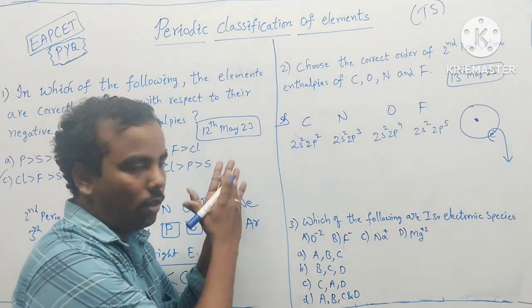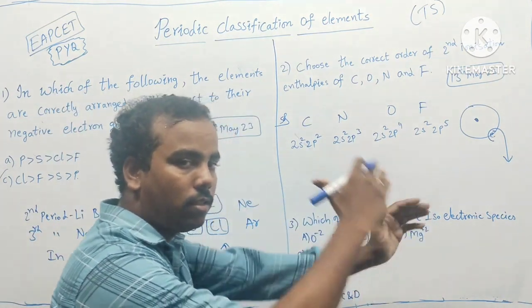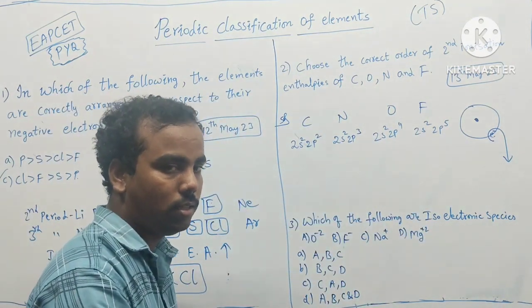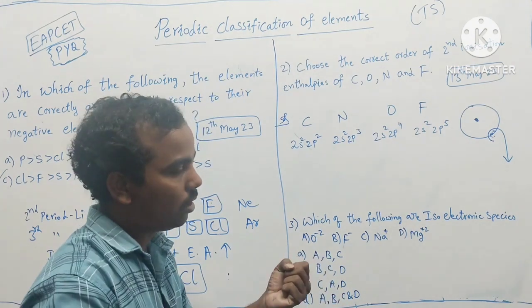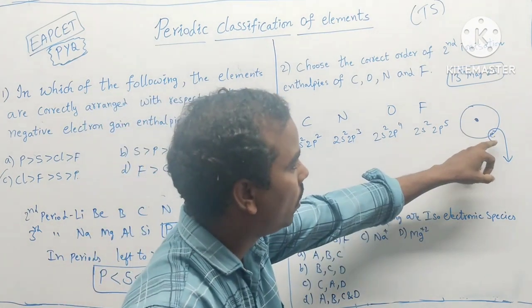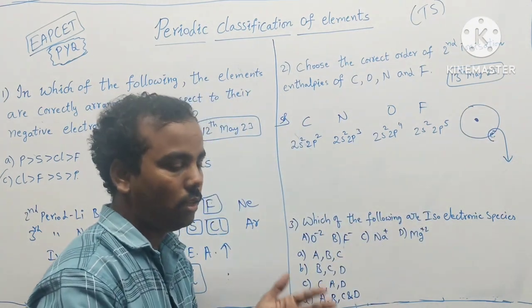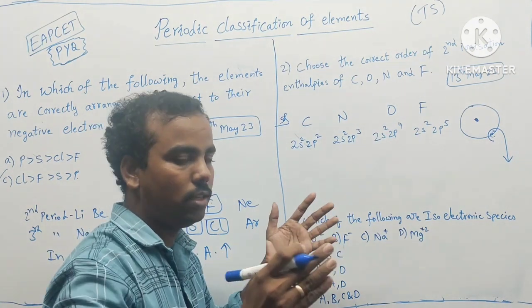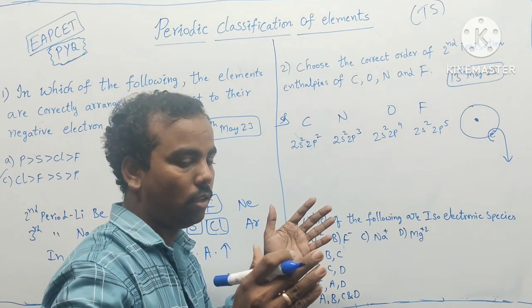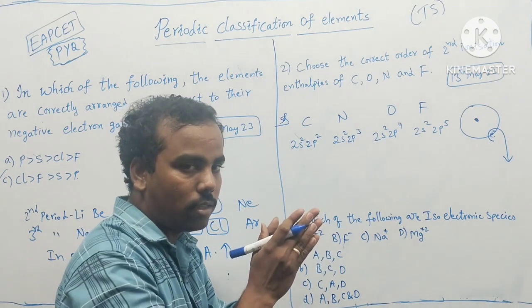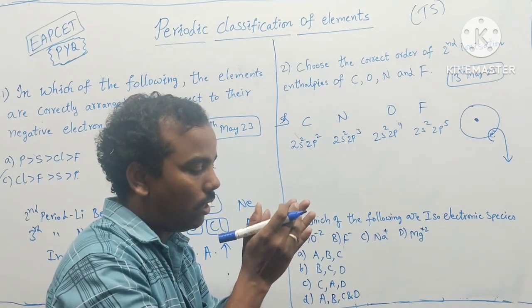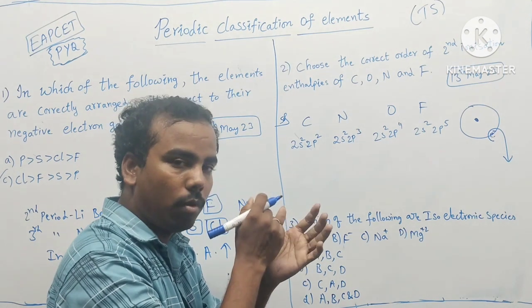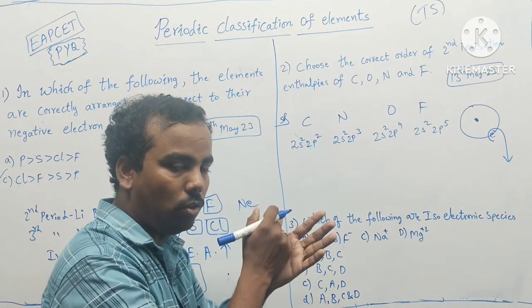We know that left to right atomic size decreases. When atomic size decreases, the attraction between the nucleus and valence electron increases. Size decreases, attraction increases; size increases, attraction decreases. Size decreases, attraction increases, which means the electron binds strongly with the nucleus.